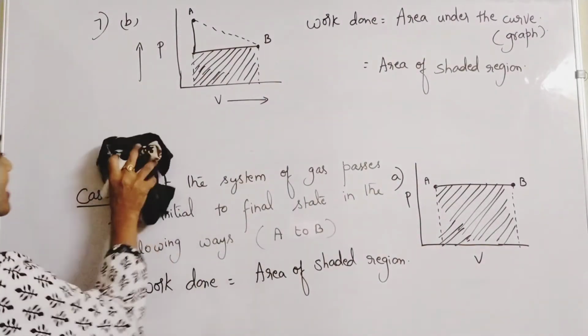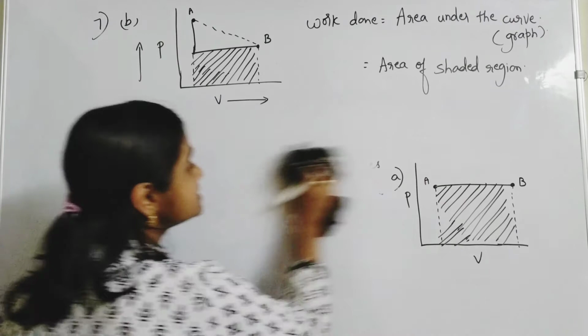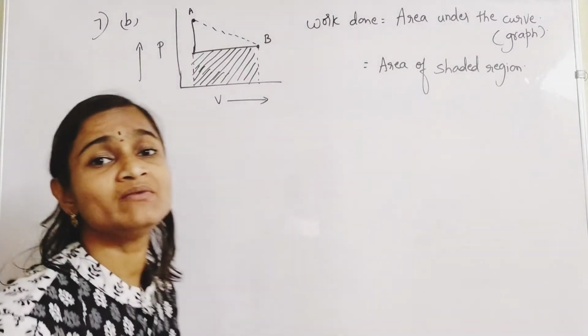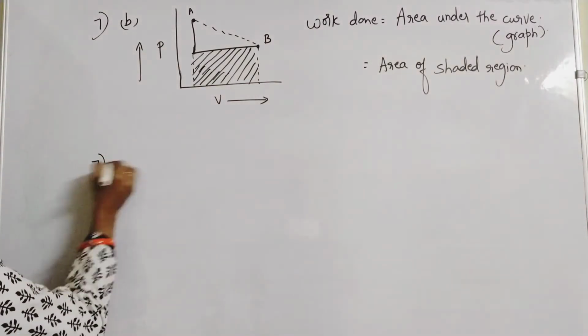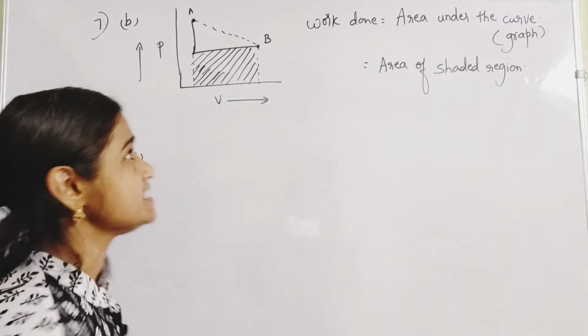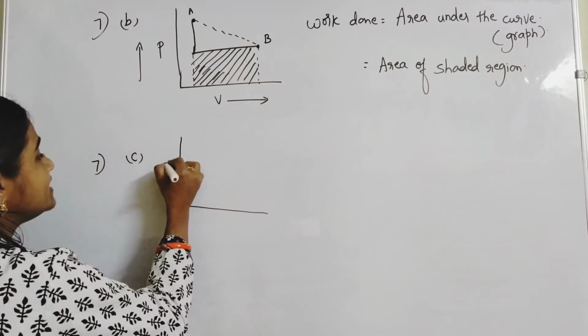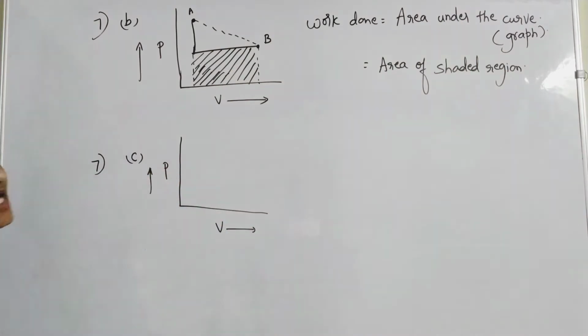In the 7th case, it can be given in another way. The process is happening between A and B. In the 7th case, case C: suppose the graph is given like this, with pressure here and volume on the x-axis.